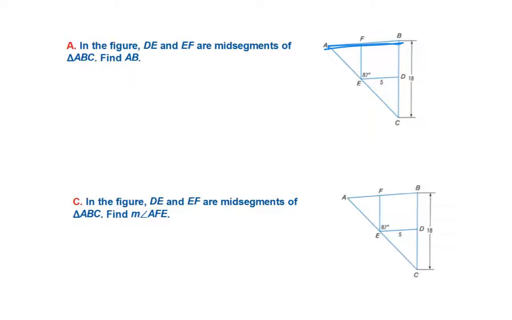What's the line parallel to AB? ED is the mid-segment. So AB is 10? Yes, AB is 10. So it's always going to be half? Yeah, it's half. If it's a mid-segment, it means it's in the middle, so it's halfway. So if this one's 5, this one is 10.